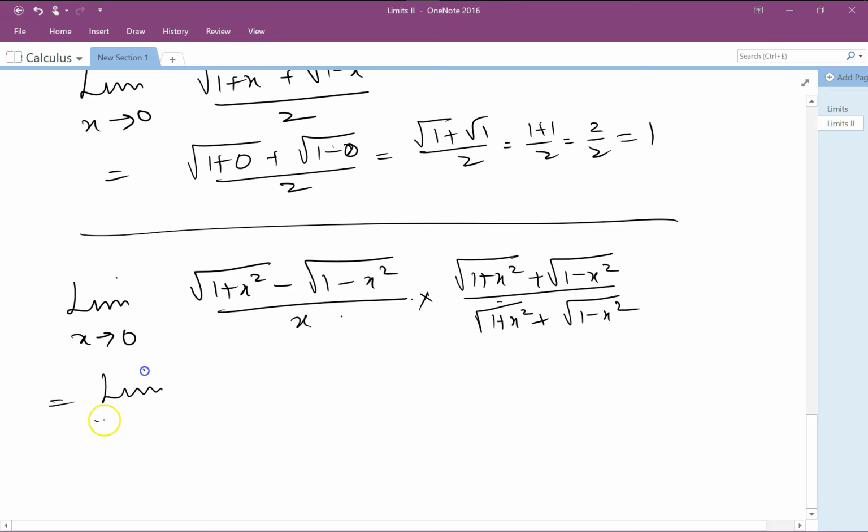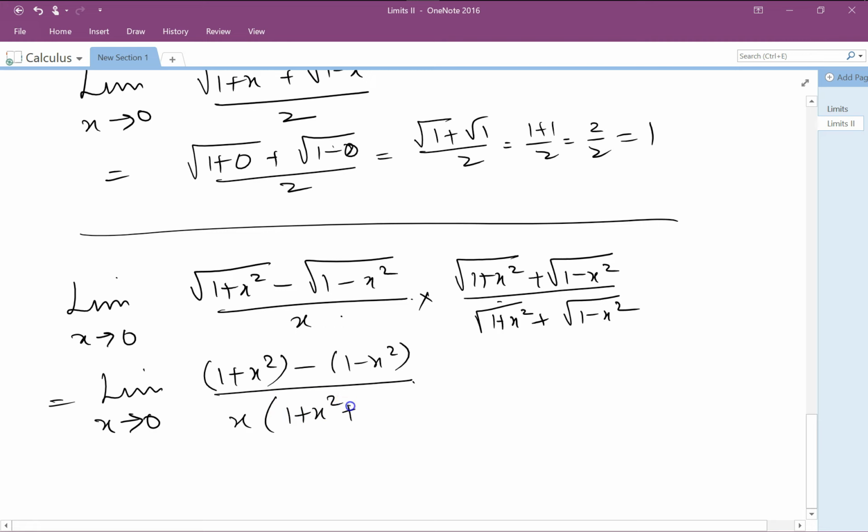So the limit as x approaches 0 becomes 1 plus x square minus 1 plus x square minus 1 minus x square, divided by x times square root of 1 plus x square plus square root of 1 minus x square.